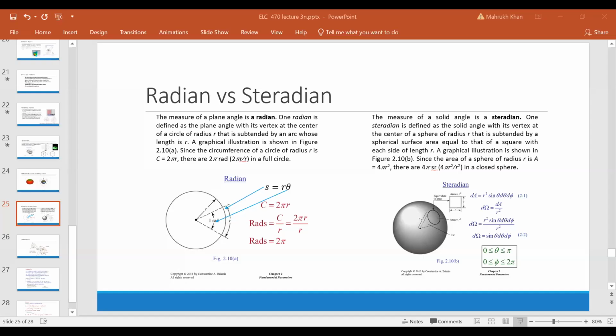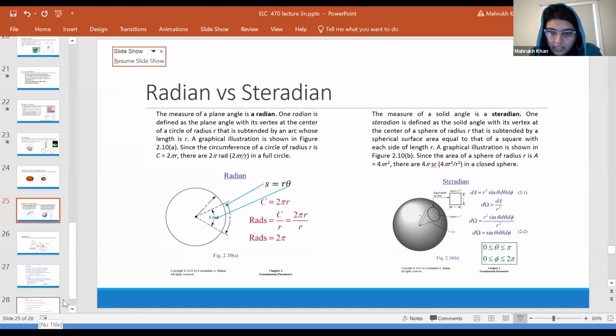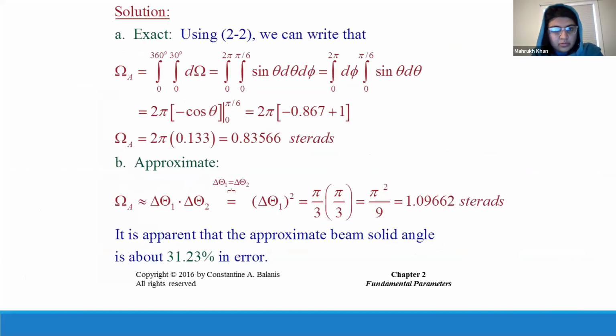Okay, but we know how to calculate solid angle, right? Is it fine? Yeah. Okay. So that's the same thing we have done here. I think so, and we will come back to this one. I think they literally just factored a pi over 3 out of a pi over 6.